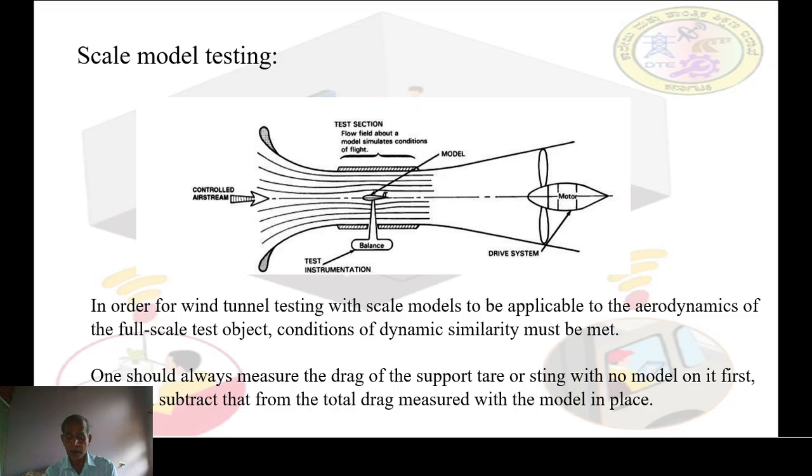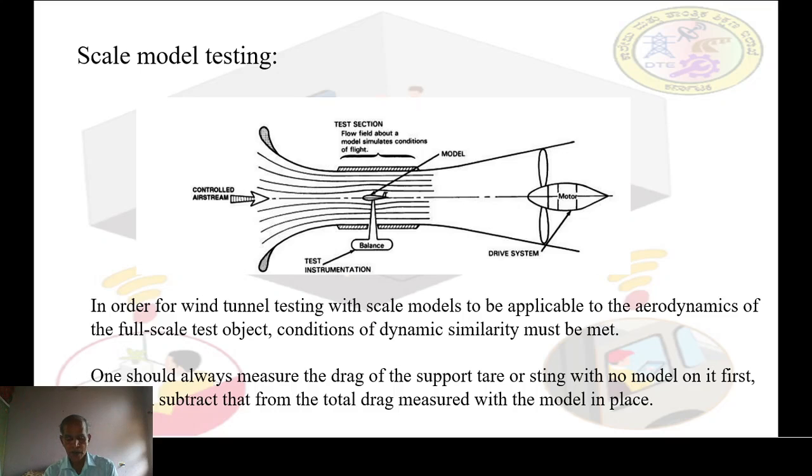This means that the Reynolds number of the scale model in the test and the actual vehicle in usual use should match. And if the compressibility effects are important, the Mach number should also match.